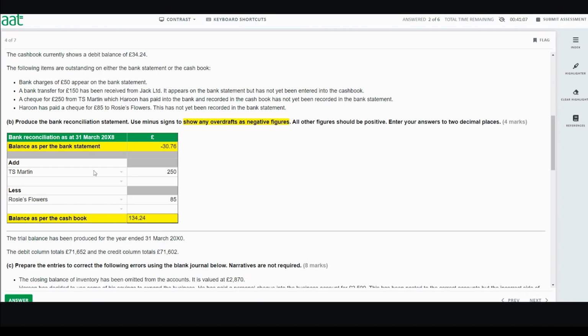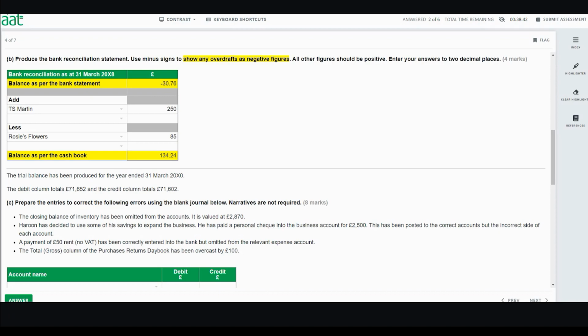Okay, and as you can see, that is opening bank statement, add on the cheque, take off the outstanding cheque, so adding on the cheque that we've received and paid into bank, taking off the cheque we've paid out, gives us a balance as per cash book of 134.24.